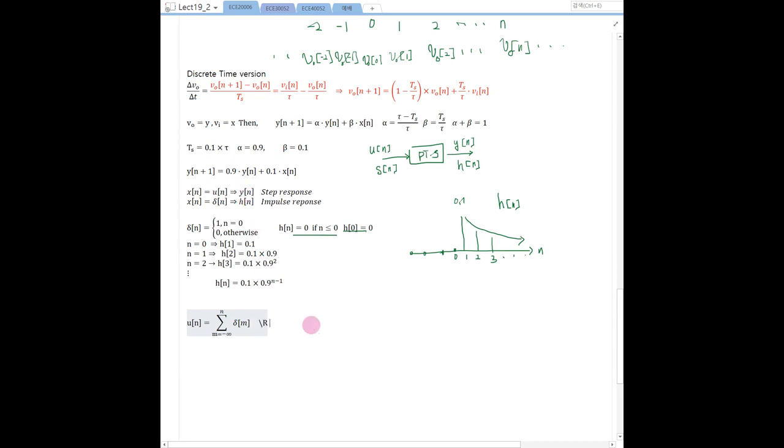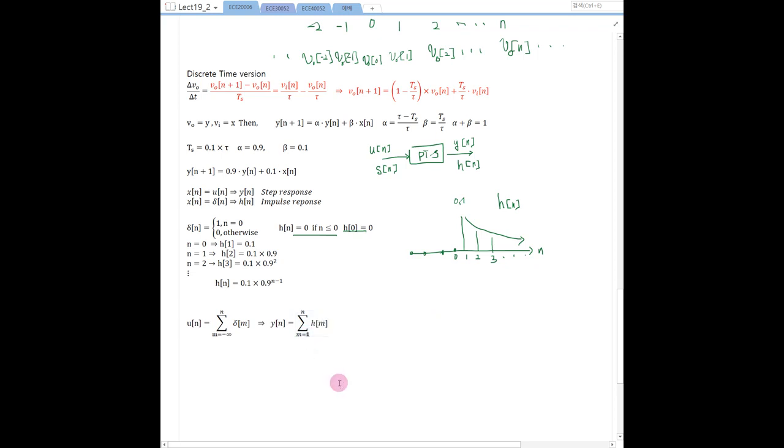The output will be yn. The unit step response will have a similar relationship. This one is up to n, and actually we can take it from 0 because all the other terms are 0. We know hm.